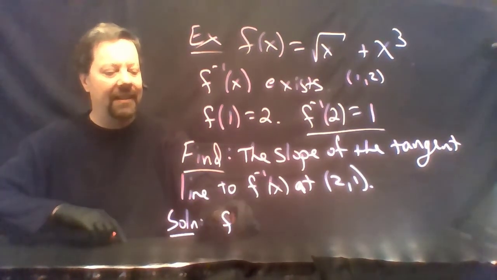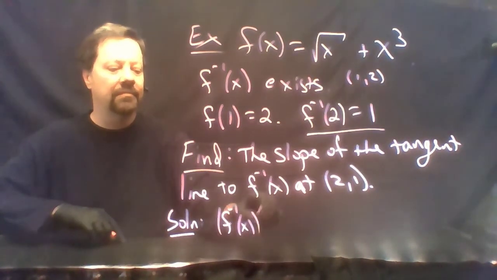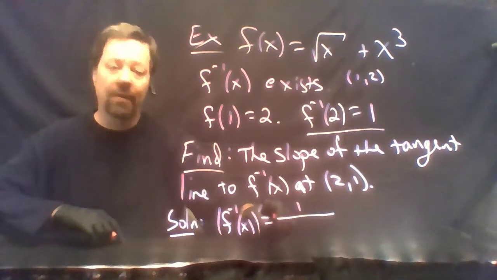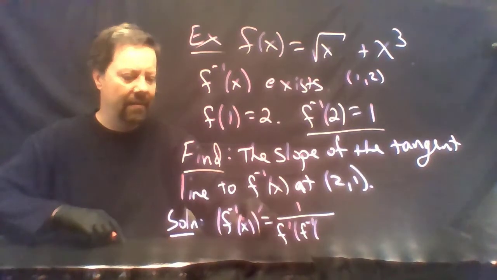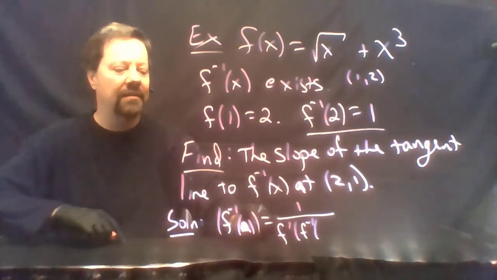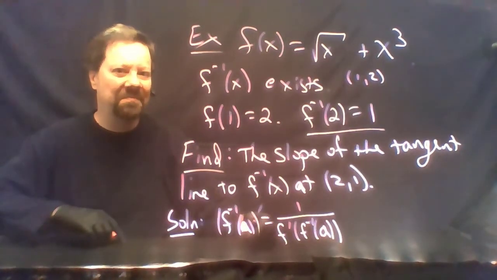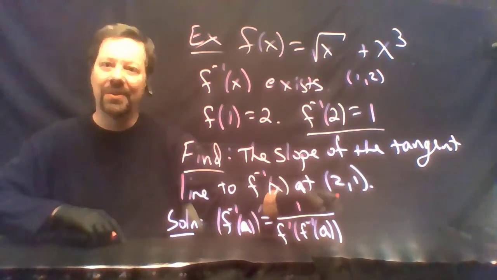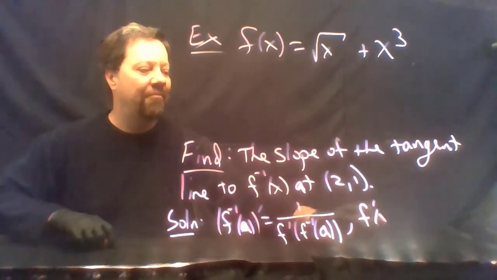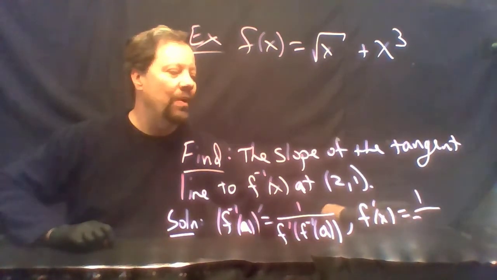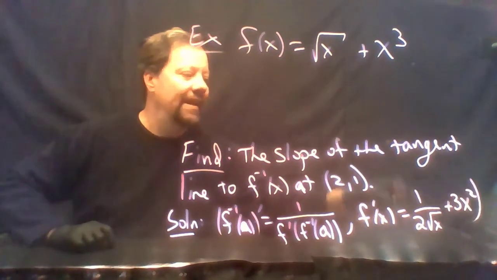In our solution, we need to calculate the derivative of the inverse, which by our formula was 1 over f prime evaluated at f inverse. If this is some number a, we can put number a over here. We'll plug in the number 2. First, note that f prime of x is 1 over 2 root x plus 3x squared.